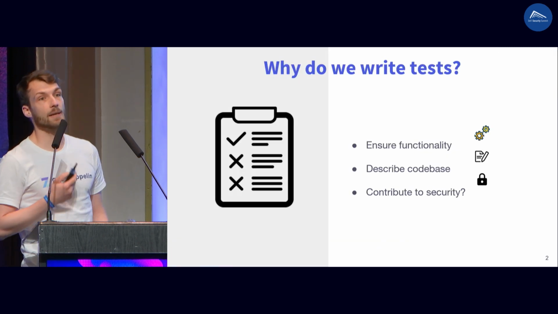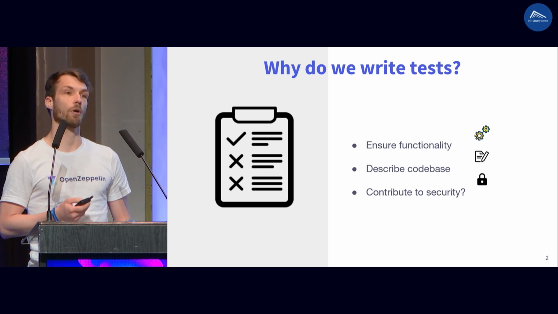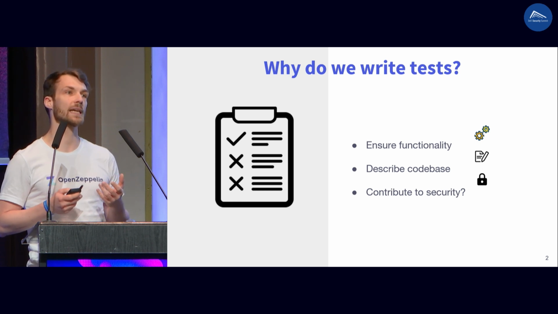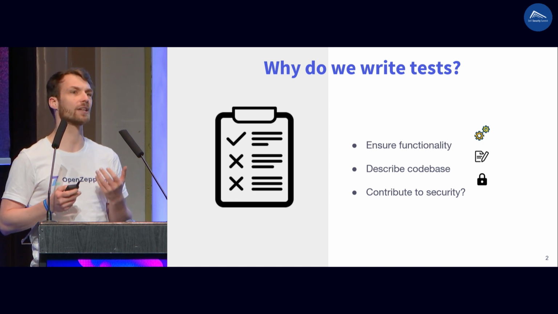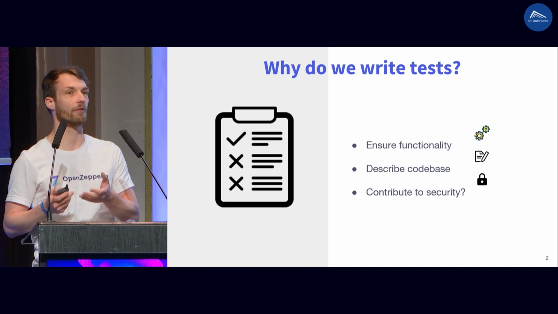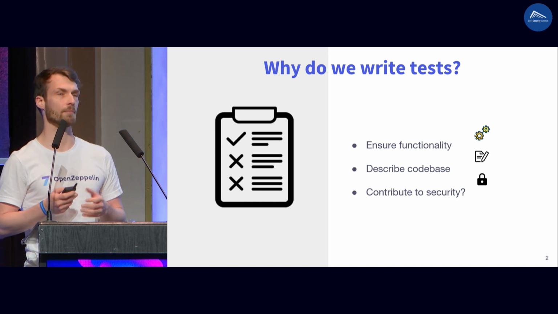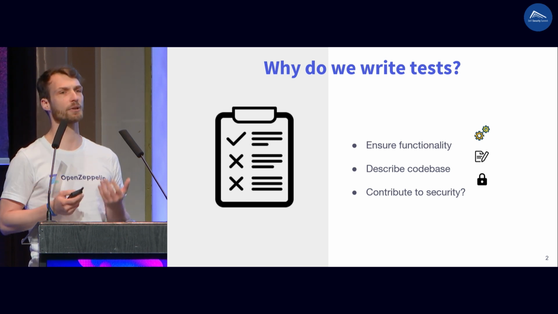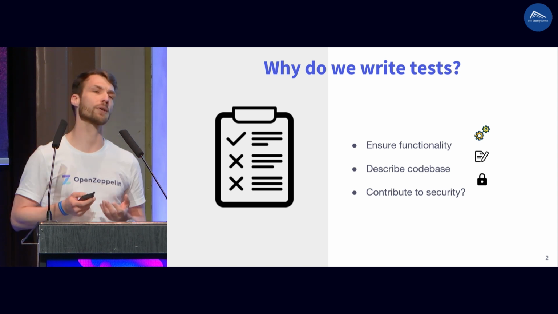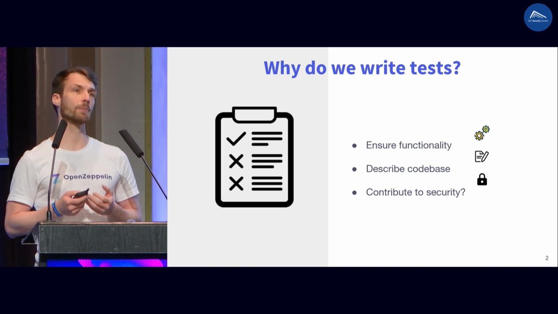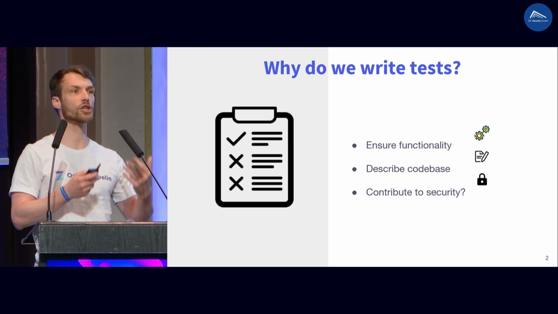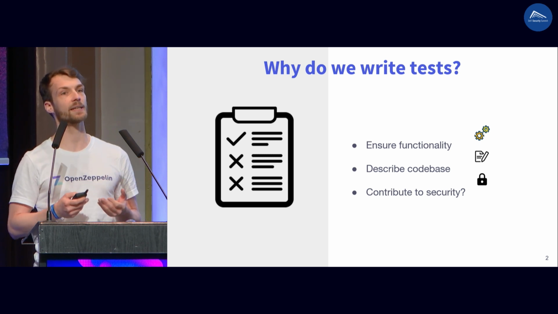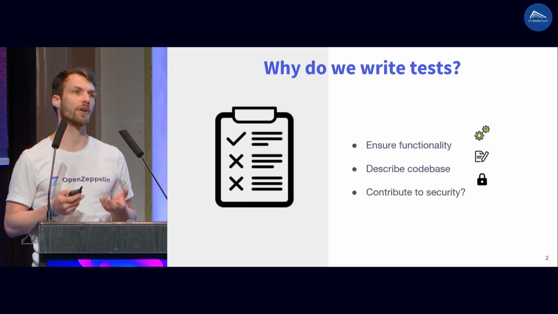So let's take a step back. Why are we testing at all? Typically, you want to see whether your code base actually has some kind of functionality. Probably the functionality you intended your code base to have. That's kind of the point of tests. But then, looking a bit further, you have additional points of your tests. Typically, you don't only want to do unit tests, you want to do some integration tests or some end-to-end testing, and they actually have a descriptive functionality.